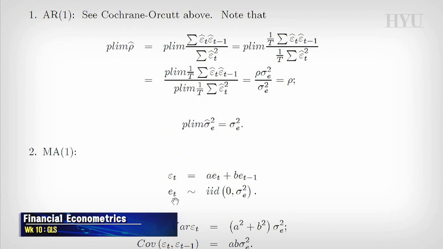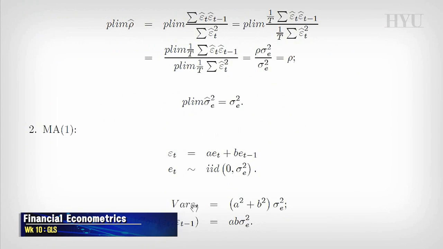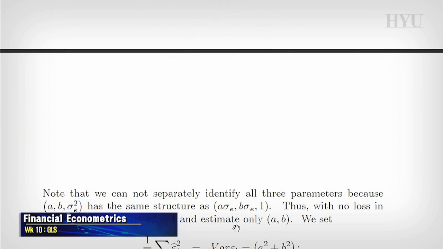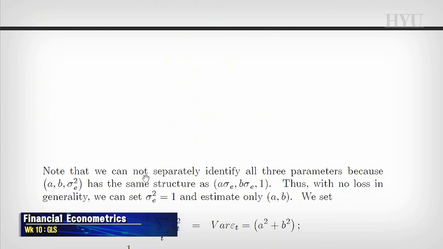And about the MA(1) procedure, suppose epsilon looks like this and e looks like this. We know the variance of epsilon looks like a squared plus b squared times sigma e squared, and the covariance between epsilon t and epsilon t minus 1 looks like this.